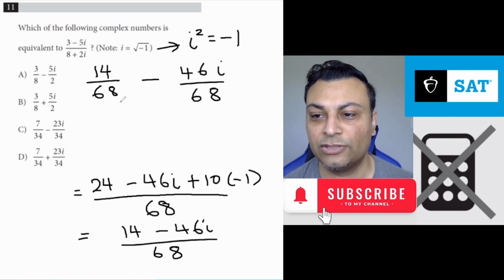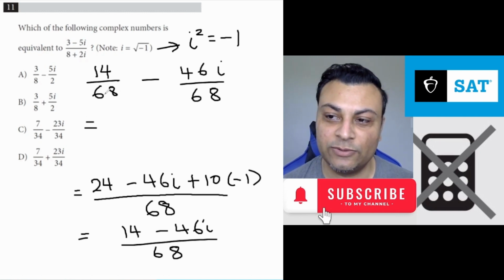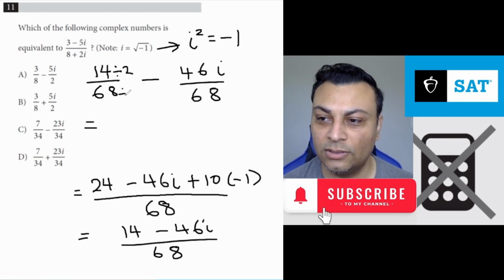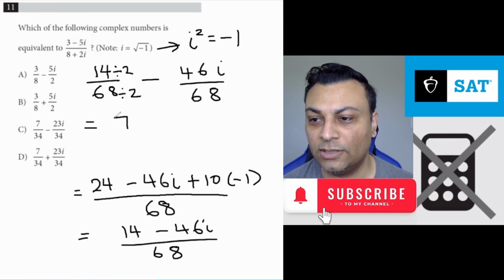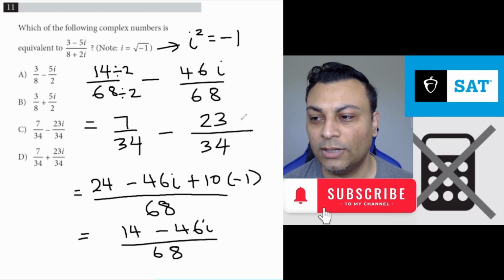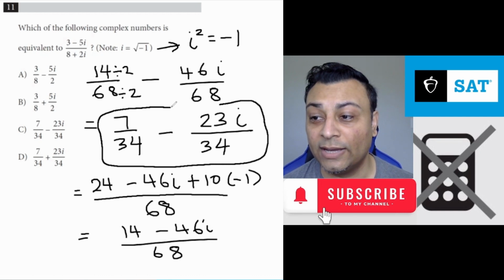I split it up into two fractions because the options that we have involve that. 14 over 68 can be reduced because they're both even numbers. You can divide by 2 here and divide by 2 here, and you would get 7 over 34. And here we can divide these by 2 also, 23 over 34i. And so we have our answer, 7 over 34 minus 23i over 34, which is option C.